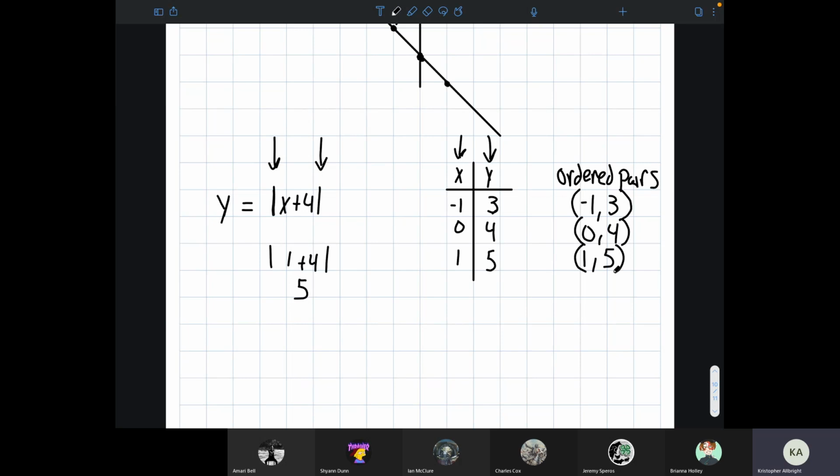So this is filling out that table, and then you just go plot each of these points and draw a line through them. That's all that there is to 3.04. It's just finding these points and then putting them in the table like they want it.